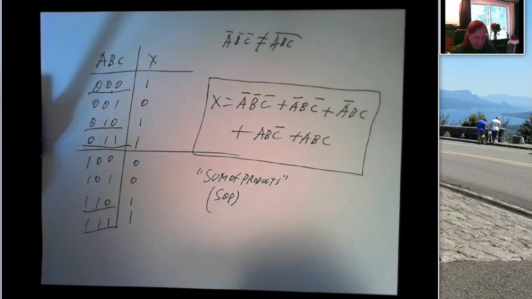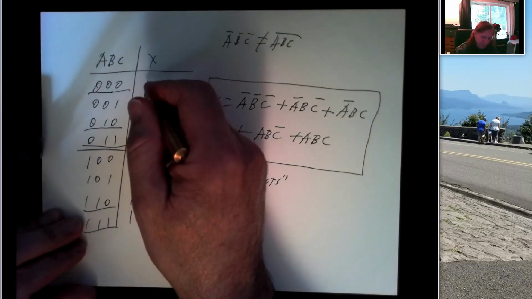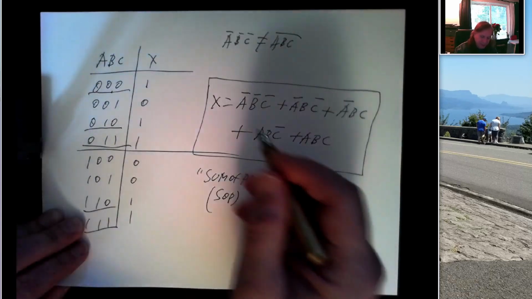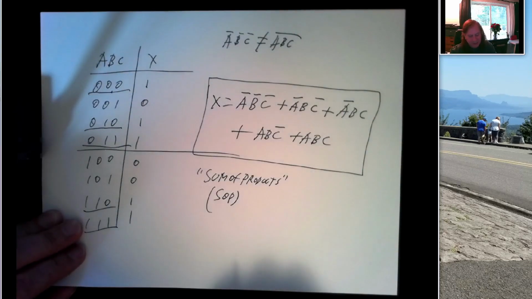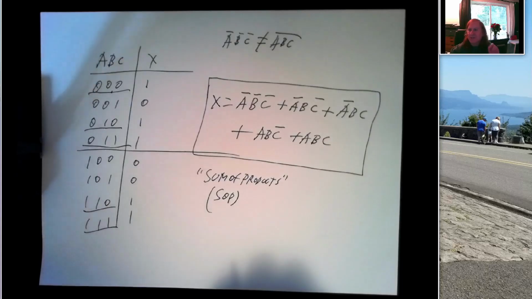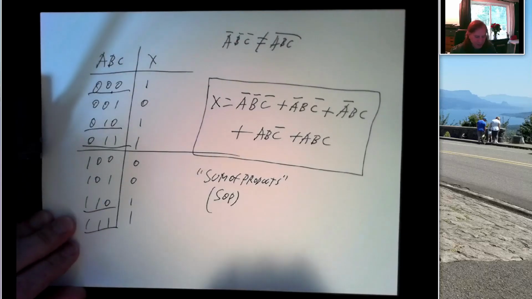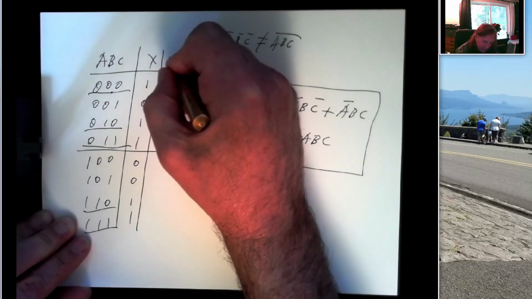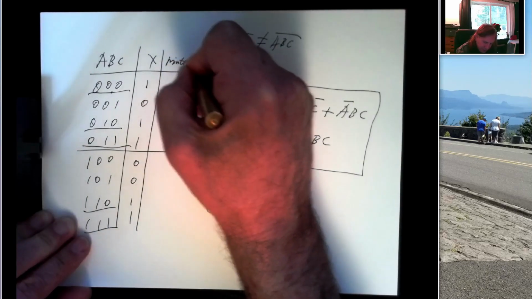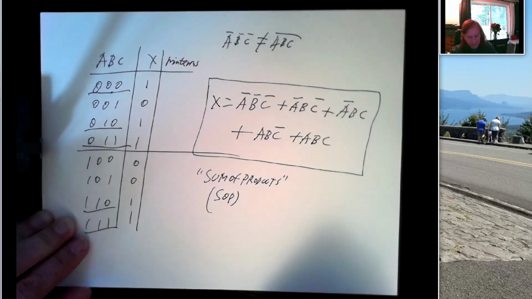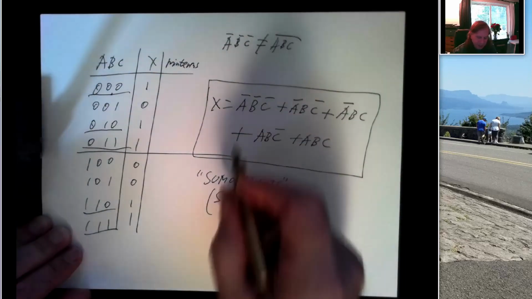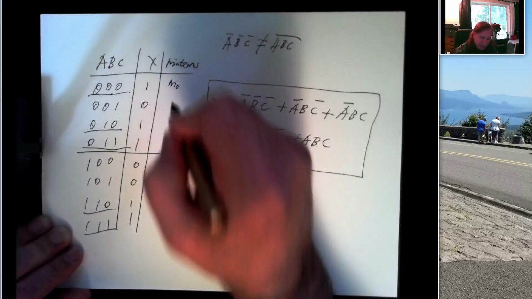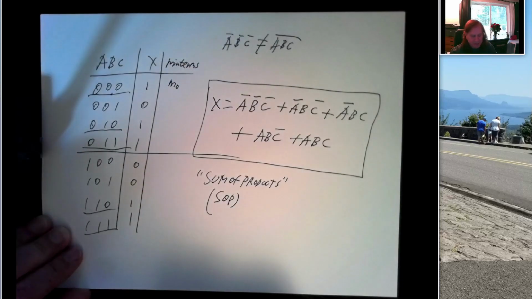And every time that we have a truth table and we try to write an equation, it's the same thing. If there's a 1 here, it's going to be A bar, B bar, C bar, and so on and so forth. So there's a shorthand that we develop, and the shorthand is to use what are called minterms. Instead of writing A bar, B bar, C bar, we write the symbol lowercase m with a subscript of 0.